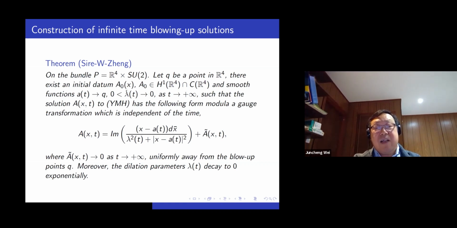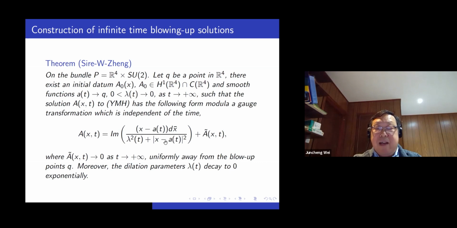So we construct a solution from general initial data, and we found an infinite time blow-up solution, which is like the 5-parameter instanton solution plus a perturbation, and this scaling parameter lambda goes to 0 exponentially. So this is an infinite time blow-up for general initial data, and this blow-up is actually stable.